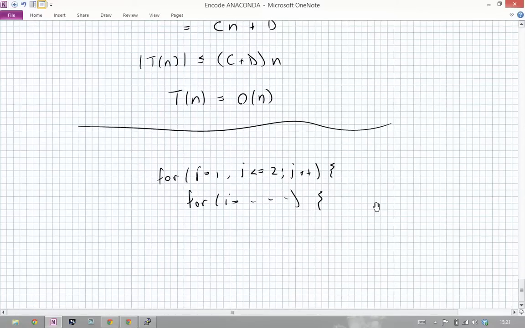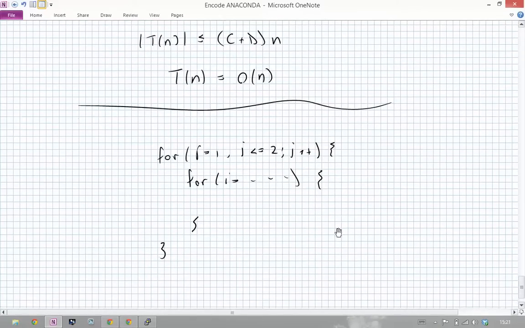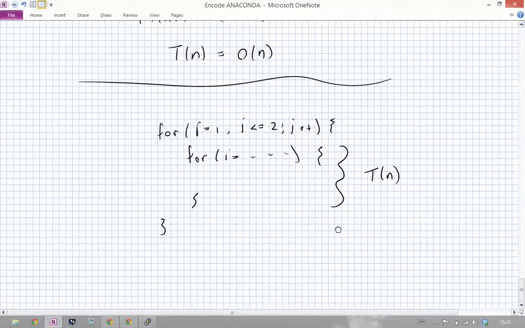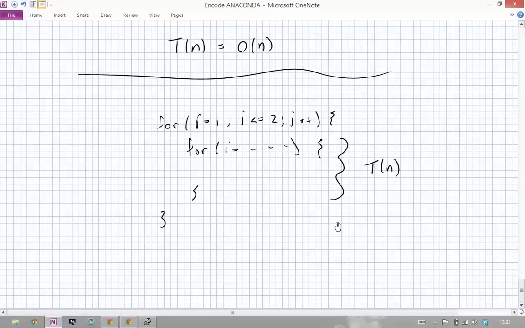You know what I'm talking about? Okay, so in here, we just did this one. This is T(n). And the outer loop forces me to do what? It does it twice. So how long does it take to run this? 2T(n). In the land of algorithms, they cost the same. Running this thing twice versus running it once, as n goes to infinity, we don't care. It's the same thing. So this is still big O of n.